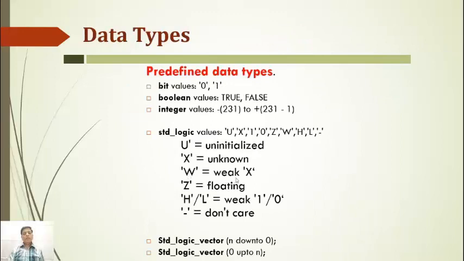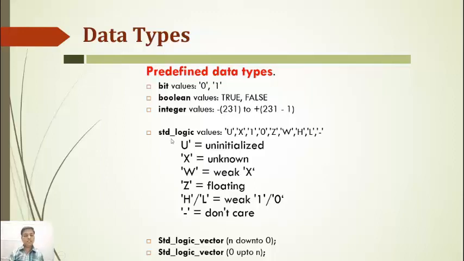W is weak X. Z is floating. Capital H and capital L are weak 1 and weak 0 values. Dash is the don't care condition.